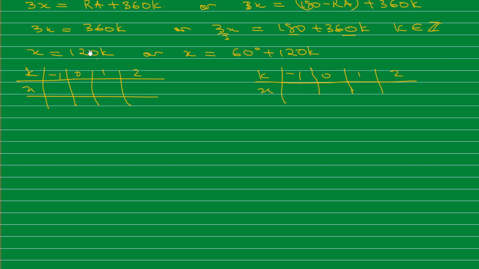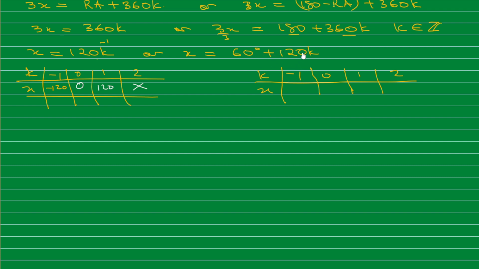When k is -1, our answer will be -120. That is out of the way. When k is 0, our value will be 0, which is acceptable. When k is 1, our angle will be 120. 2, that one is out. Then we also do it here.